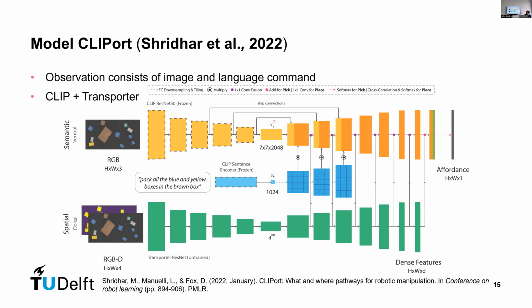CLIP is a foundation model developed by OpenAI, and was trained on many images and their captions that are available on the internet, so huge amounts of data. In this way, we can leverage the prior knowledge in this foundation model and extract features from the image and from the language command, and reduce the input to our model in order to speed up learning.